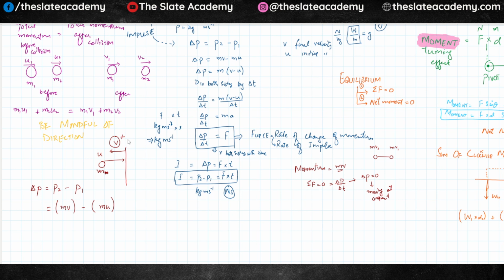I could have taken the rightward as positive and leftward as negative, but the point is that if velocity in one direction is positive, the velocity in the other direction must be negative. So this would become minus mu, and resultantly the change in momentum would be mv plus mu. This is because while the change in momentum happened, the direction of velocity changed. Therefore, the equation of change of momentum from minus became plus.